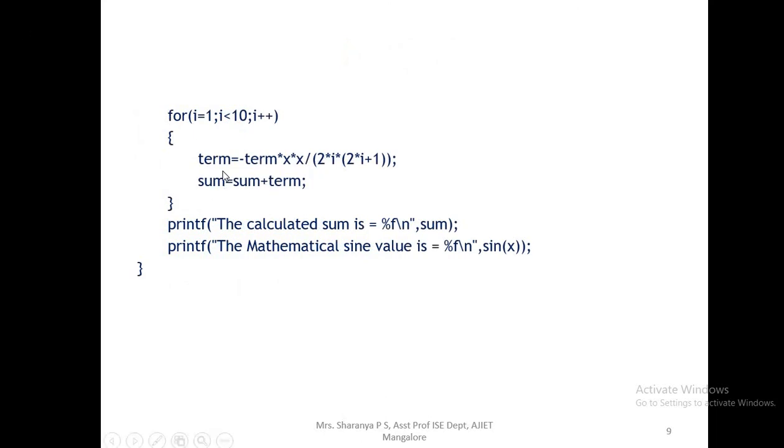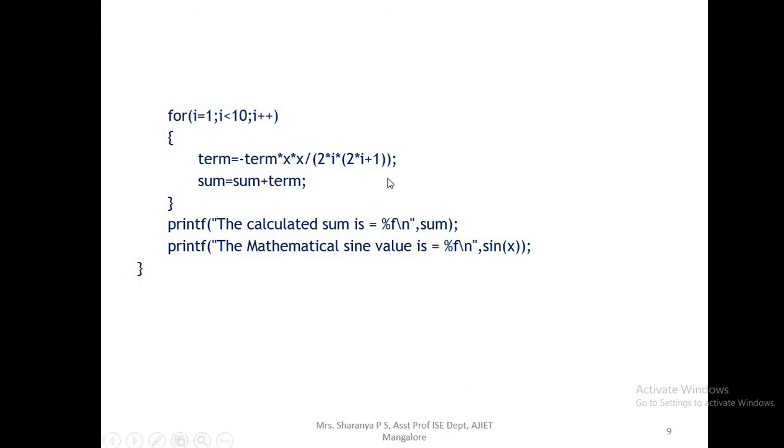With the for loop, i equal to 1, i less than 10, i plus plus, and with this formula it will calculate the new term, that is minus of term into x, and it needs to be closed entirely within the brackets, that is 2 into i into 2 into i plus 1, and it computes the sum as we followed in the previous class sessions.